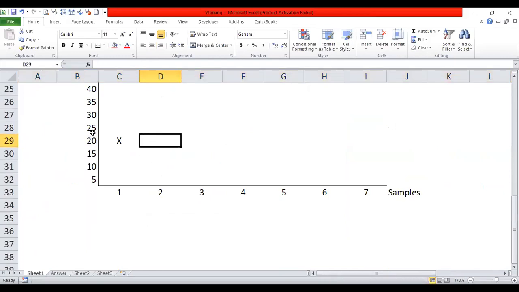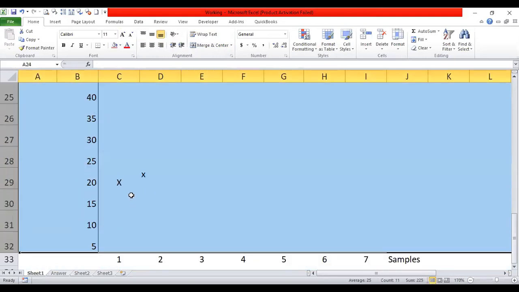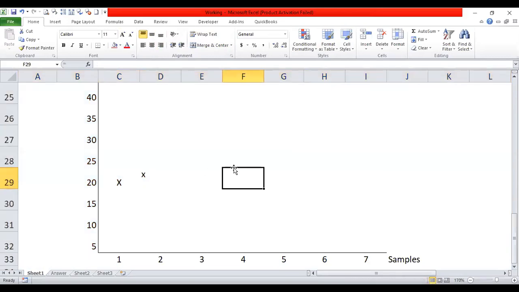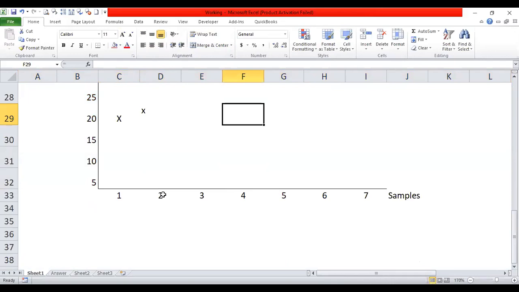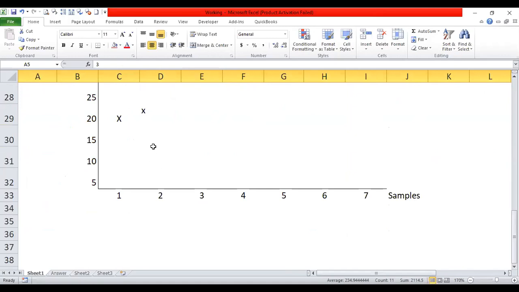That is very difficult for me to draw because this is Excel. Then number 3, that is 18. So 18 will be here. That is also difficult for me to draw.